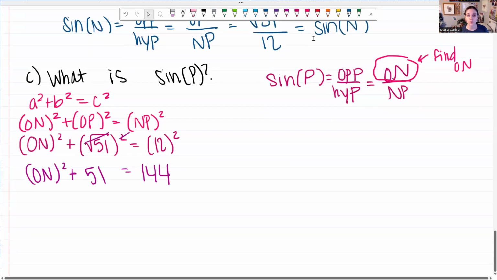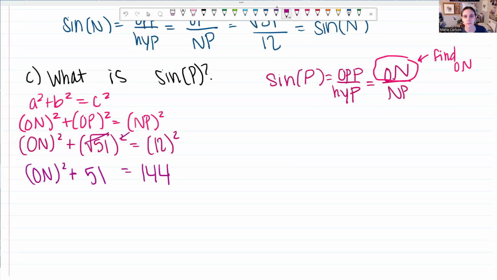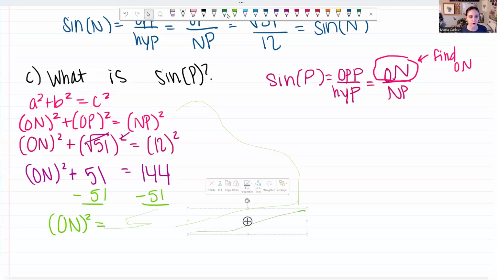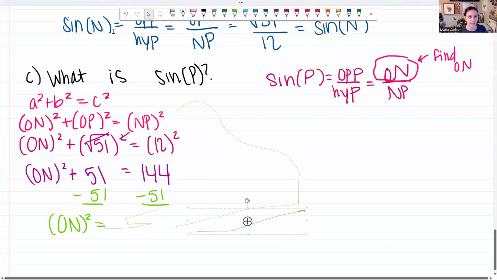To continue solving for ON, now I just need to start moving things away. To the opposite side, I'm going to subtract 51 from 144. So ON squared is equal to 144 minus 51, which is 93.